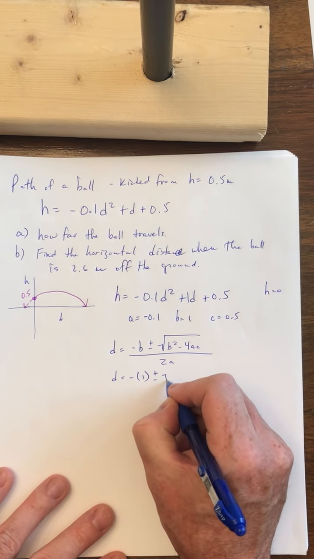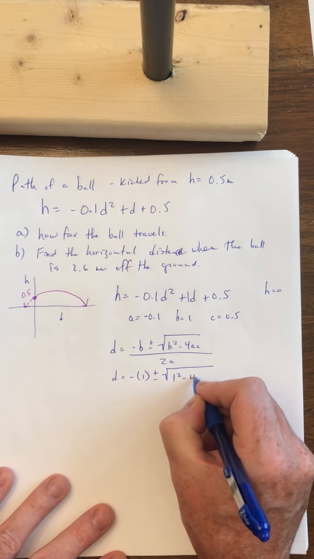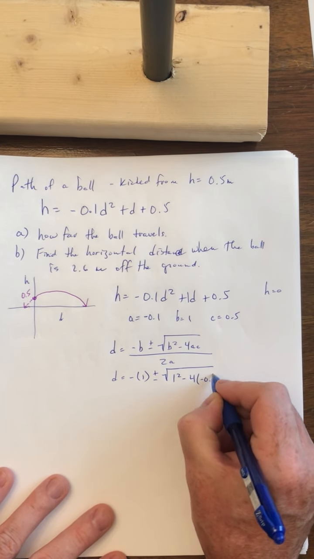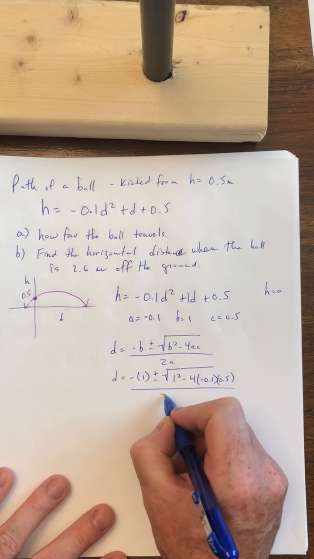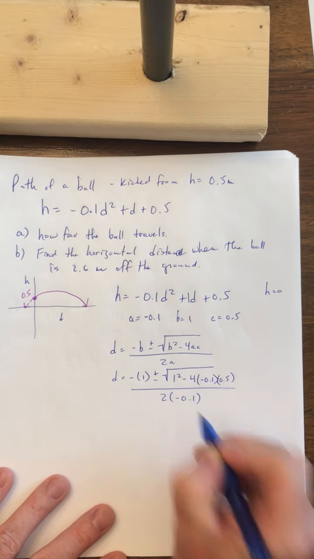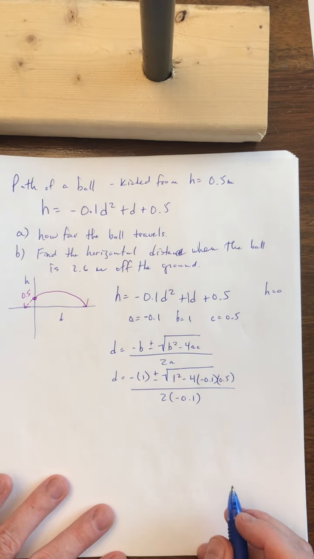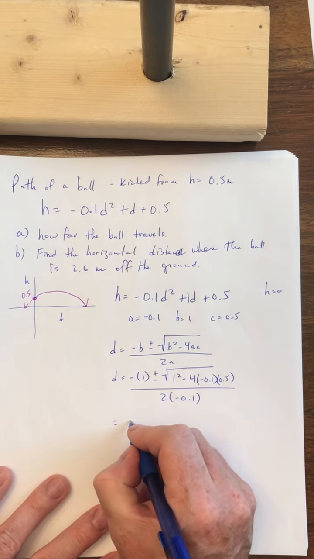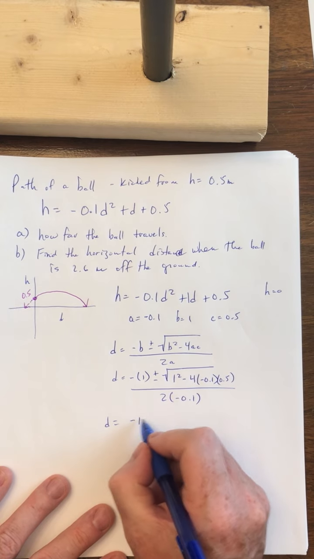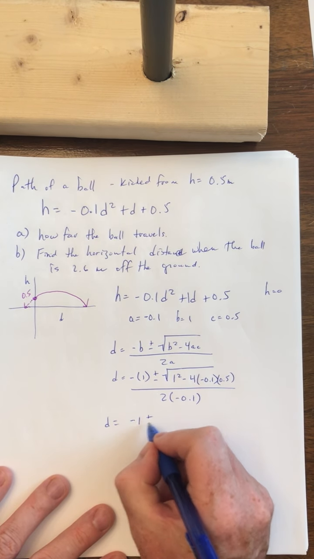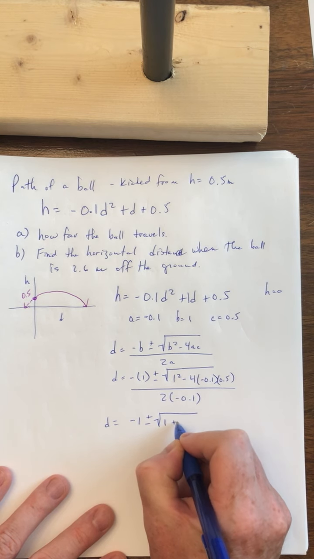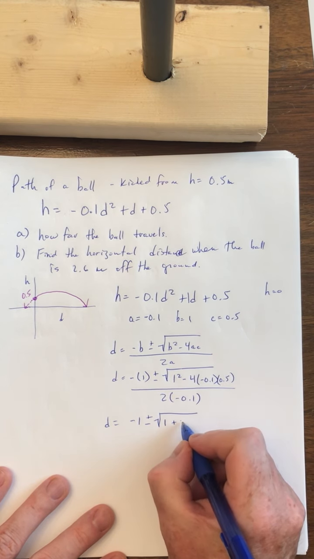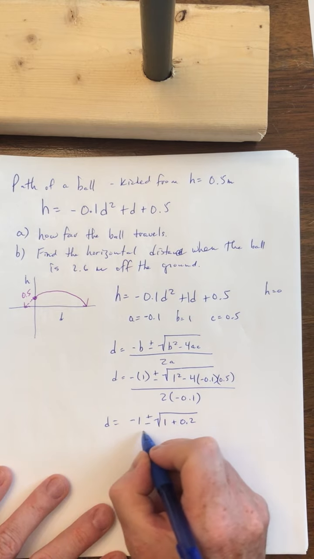Negative 1 plus or minus the square root of 1 squared minus 4 times -0.1 times 0.5, all over 2 times -0.1. Simplifying, we have distance is equal to negative 1 plus or minus the square root of... When you figure all that out, it's 1.2.